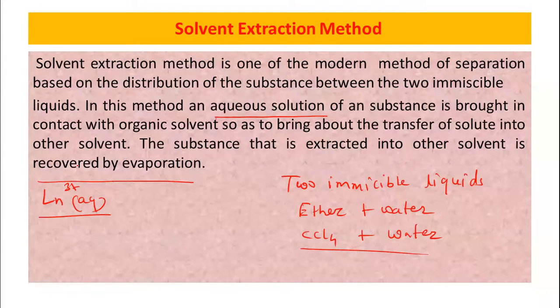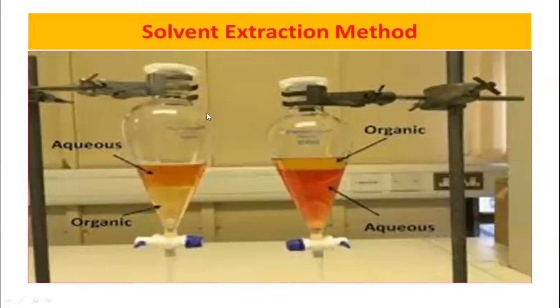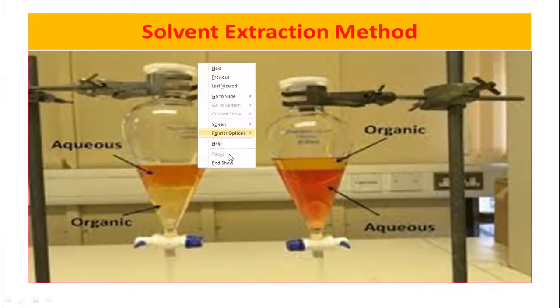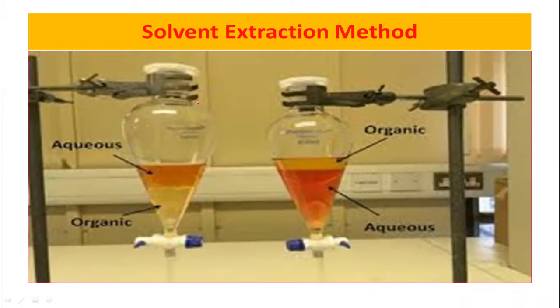So in this solvent extraction method, you can see here in this diagram, this is the separating funnel. In this separating funnel, we have to take the two solvents, organic solvent and, suppose, water, the aqueous solvent, and we have to add the solution of the lanthanone ions in the separating funnel.